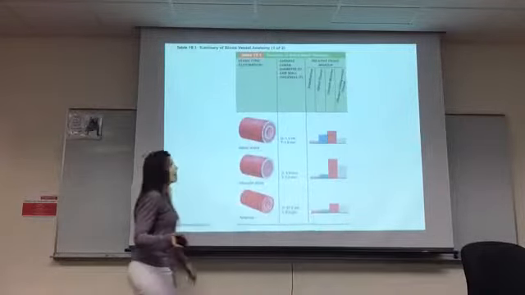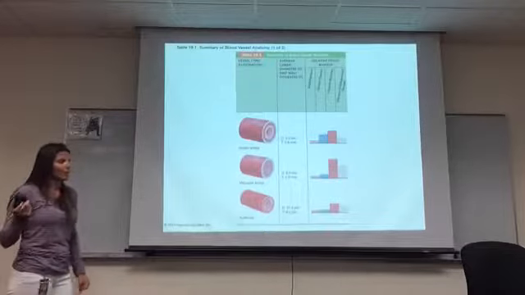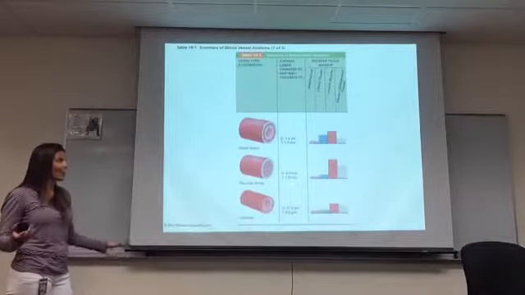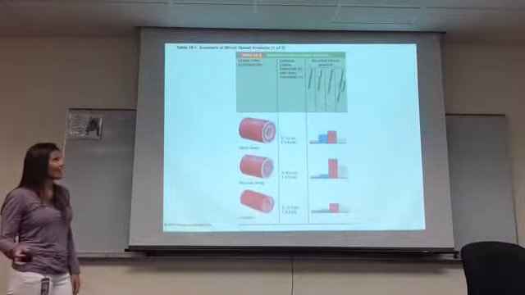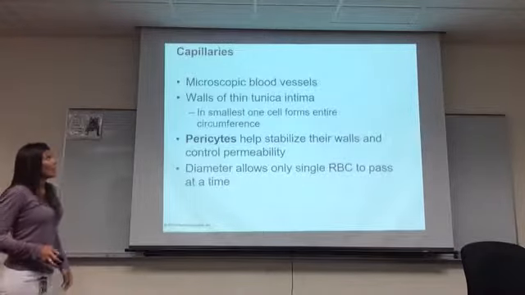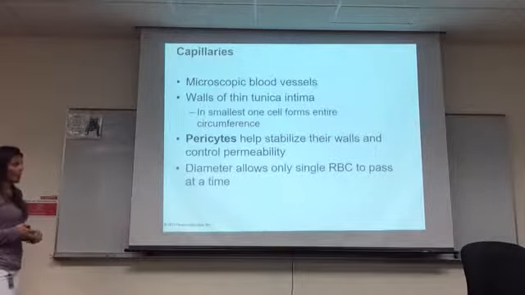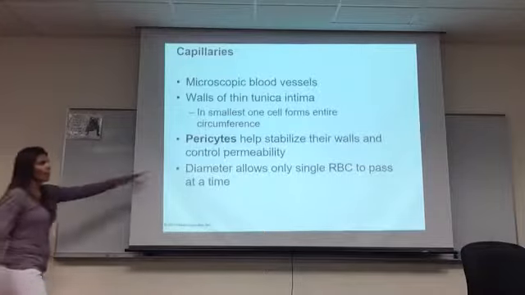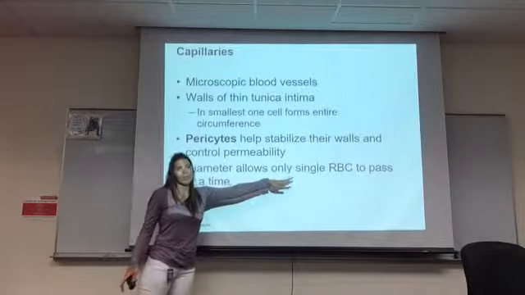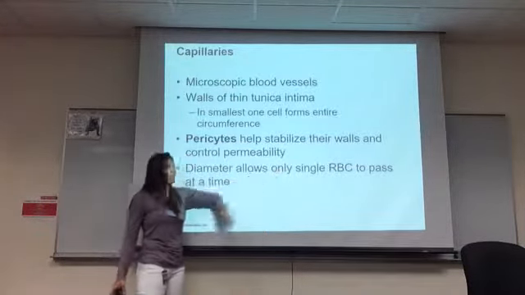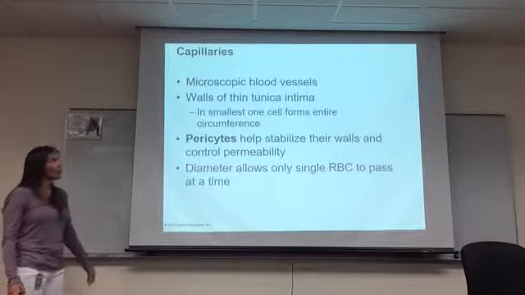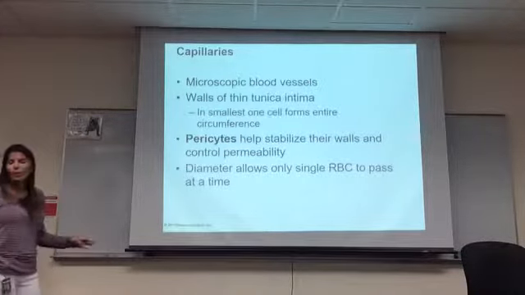The muscular arteries clearly have more muscle than the elastic or the arterioles. The capillaries, again, are very, very small, and they're the diameter of a single RBC, which is a red blood cell. And we've mentioned that before. They're not composed of all three layers.